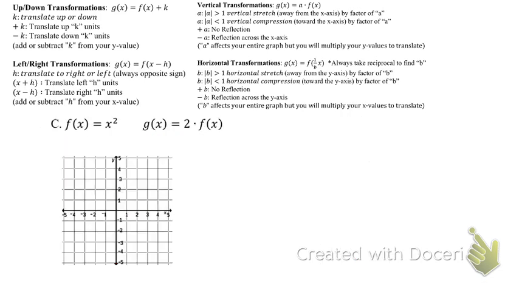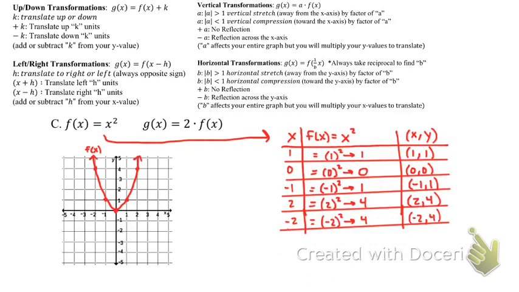All right, let's do example C. For room's sake, I'm going to do the input-output table for the f of x over here. So it's going to look like this. Okay, so here's our input-output table for f of x, and our equation for that, x squared, turns into these points. These points turn into this graph, which we call f of x.